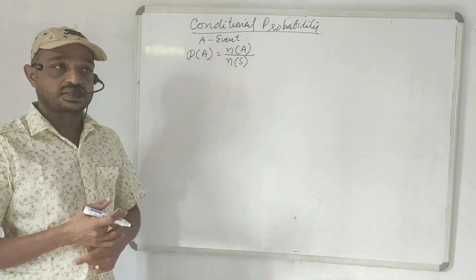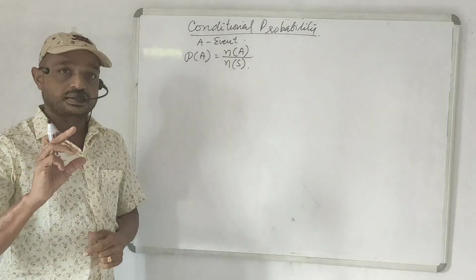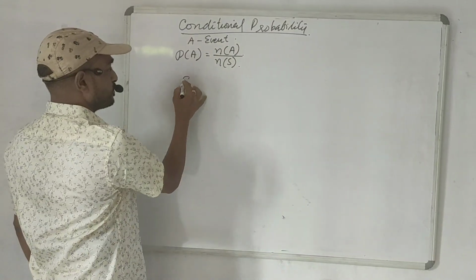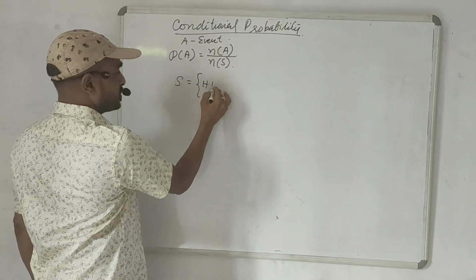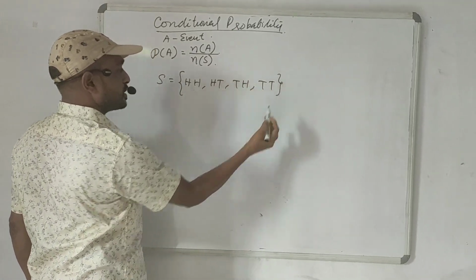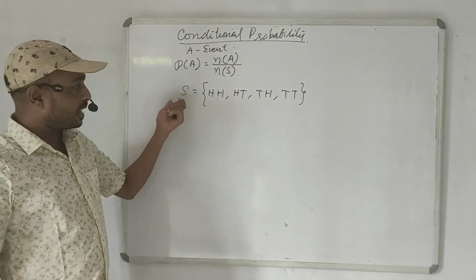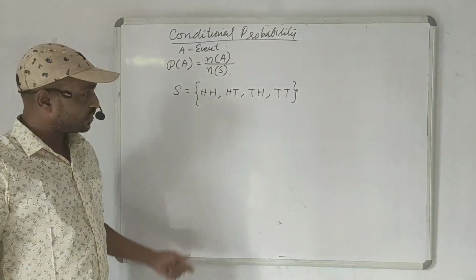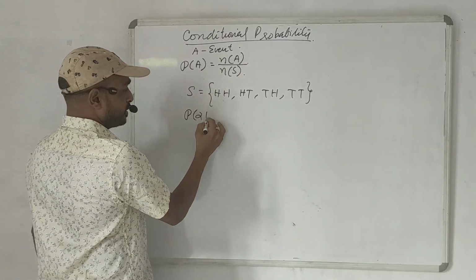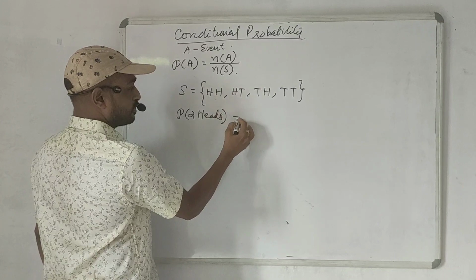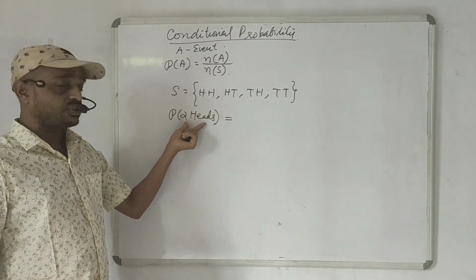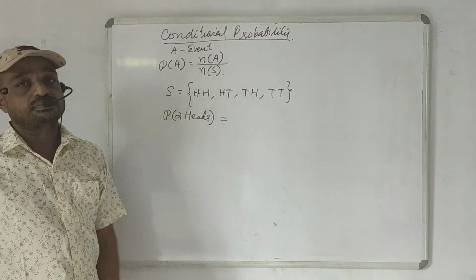For example, let us consider the random experiment of tossing two coins. So what is the sample space? In the case of tossing two coins, it is HH, HT, TH, TT. So this is the sample space of the random experiment of tossing two coins. What is the probability of obtaining two heads? According to this definition, it is the number of cases favorable to two heads divided by the total number of cases.